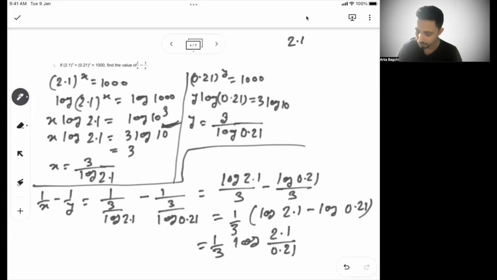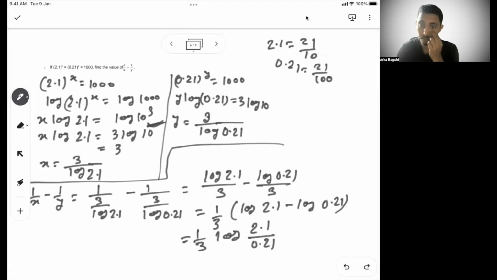So 2.1 is 21 by 10 and 0.21 is 21 by 100. So you have 1 by 3 log 10, and log 10 is 1, so your answer is 1 by 3.